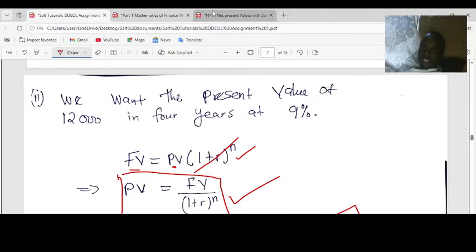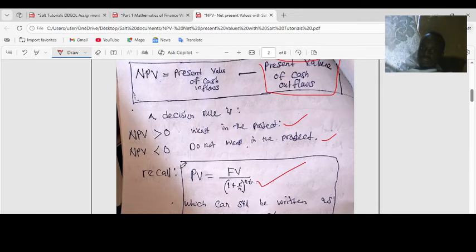So when we are looking for the NPV, our main focus is on the PV formula, the present value formula for each cash inflow and for each cash outflow. There must be a certain future value at that particular time. Now discount it and take it to the present.